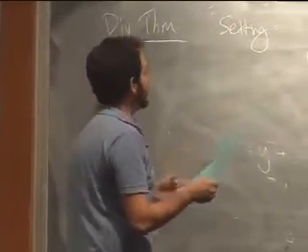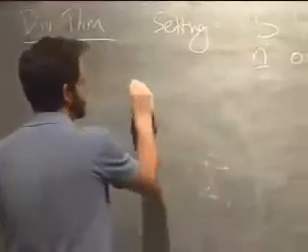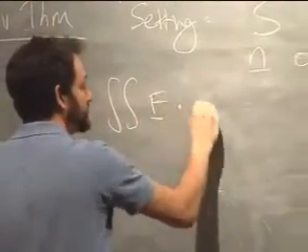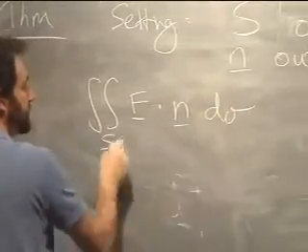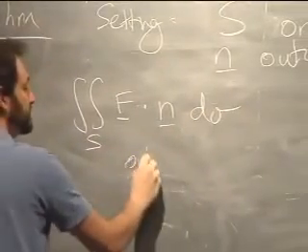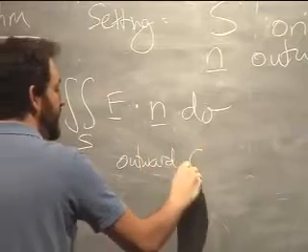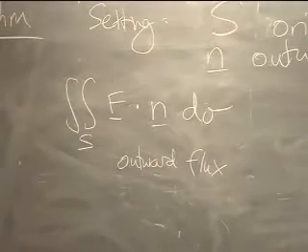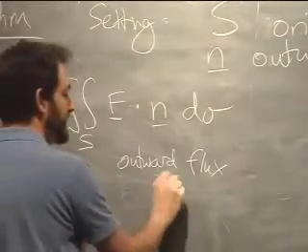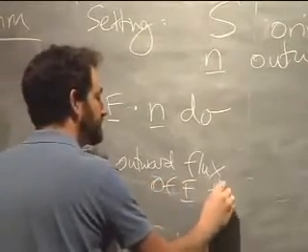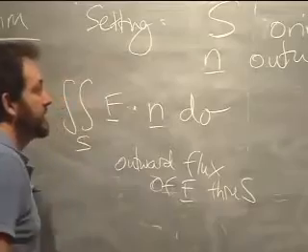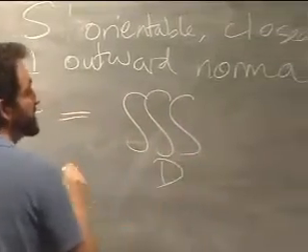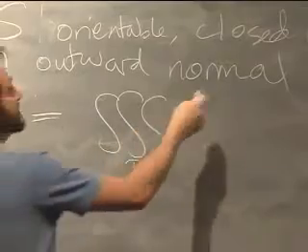All right. Now, here is what the theorem says. This time you start with a flux integral. So this is the outward flux. And notice that it's not the flux of the curl. It's just the flux of F. Outward flux of F through S. So this is equal to the triple integral over the inside. So let's say D is the inside.